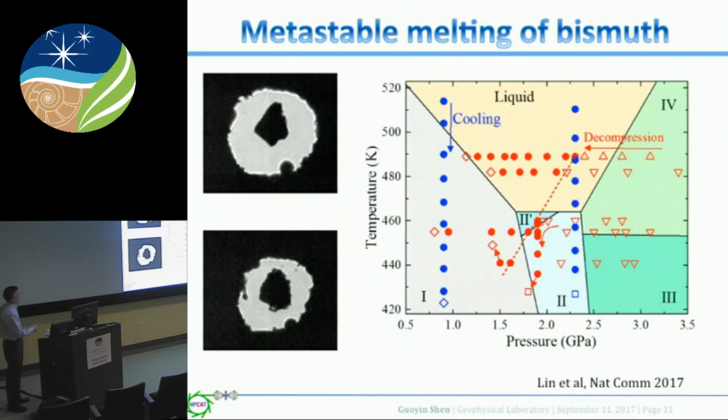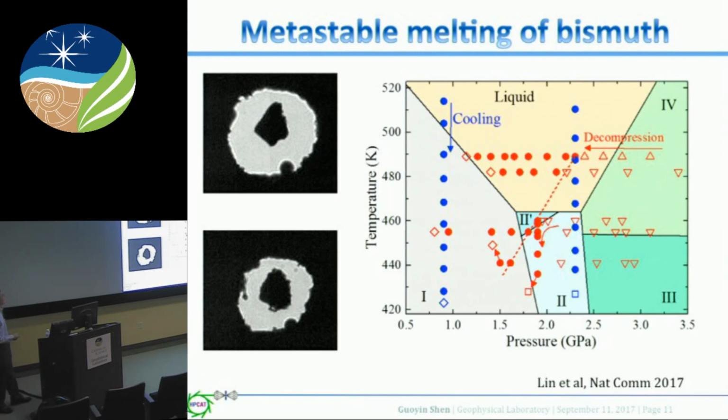So we actually did experiments, just mapping the experimental conditions in that PT area, and then did a series of experiments. And consistently, as we decrease pressure, we observe the liquid, non-crystalline phase there.